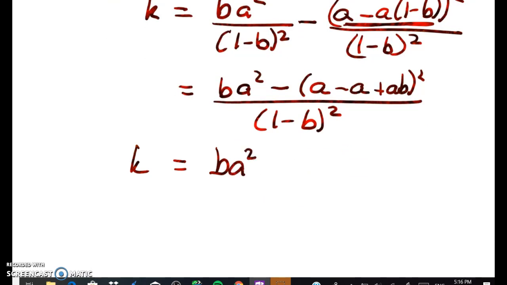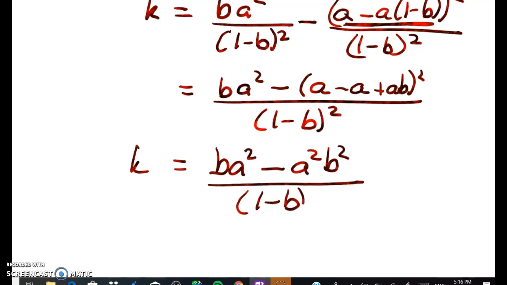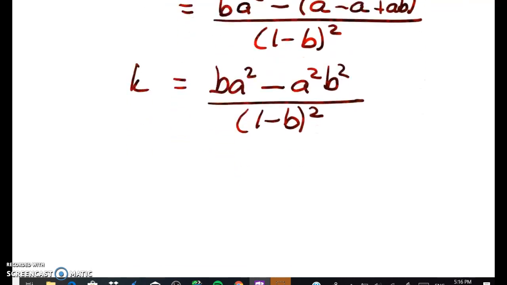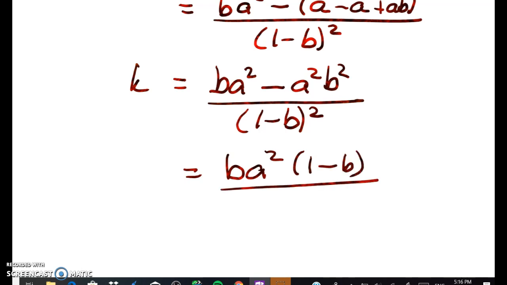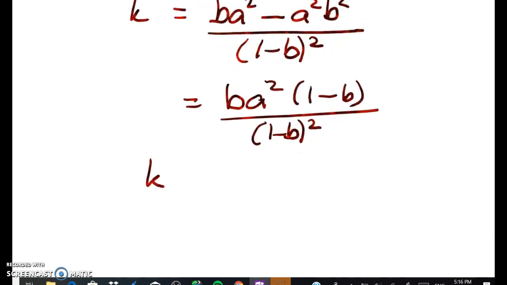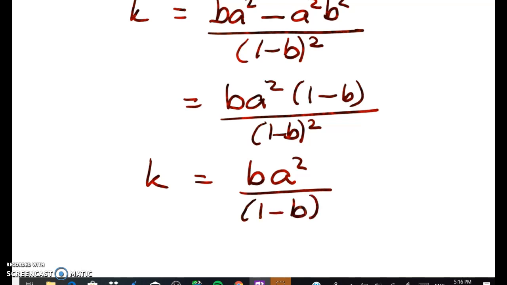We've got ba squared minus a squared b squared over (1 minus b) squared, which simplifies to ba squared times (1 minus b). So that's the final answer. So there's an expression for k.